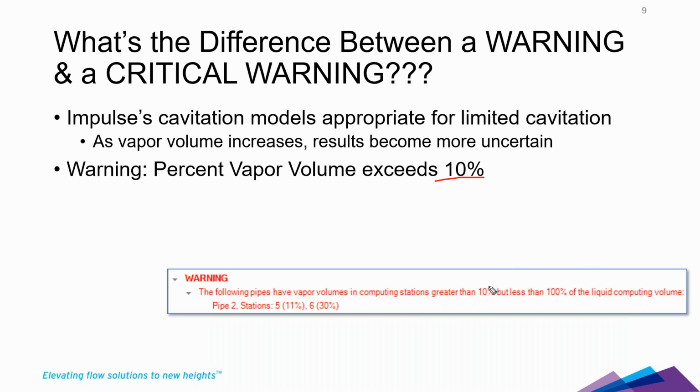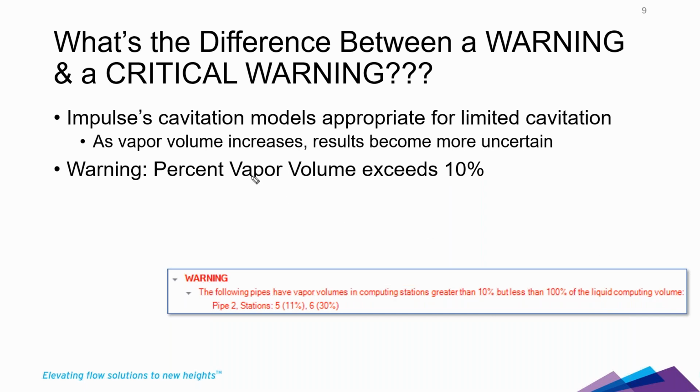What this means is that if you have a given pipe station, that pipe station represents a section that has a volume associated with it. What this is telling you is that the vapor volume in that section has grown to become greater than 10% of the section volume, but it's less than 100% of the liquid volume.